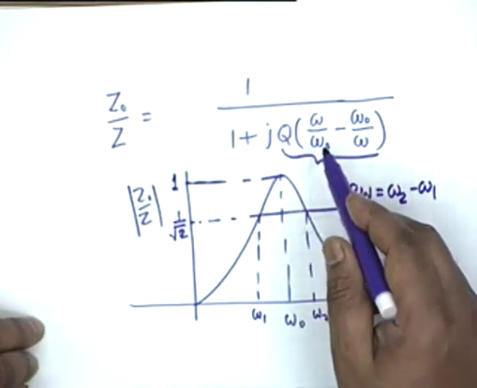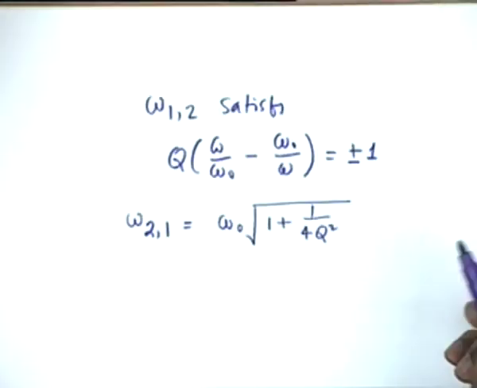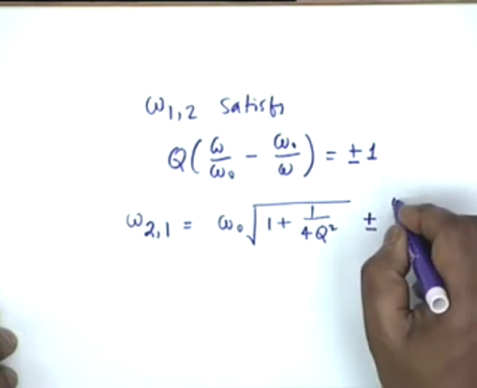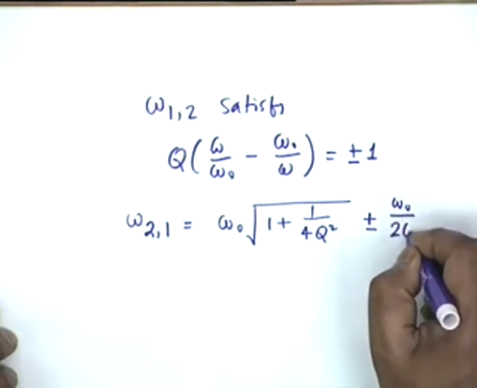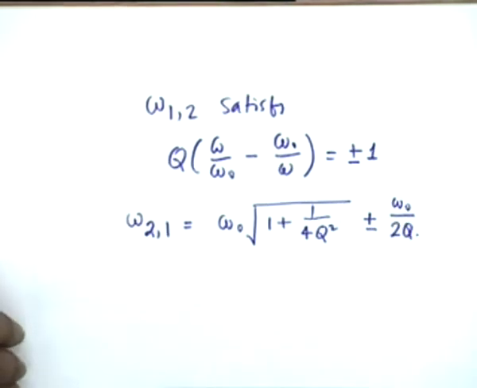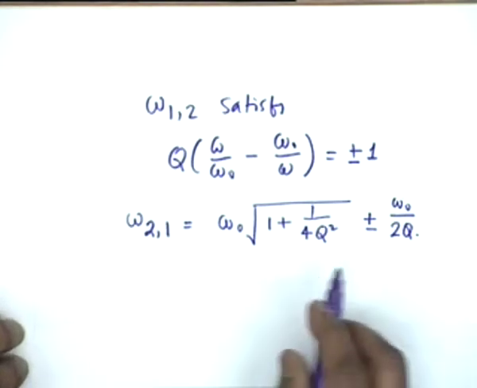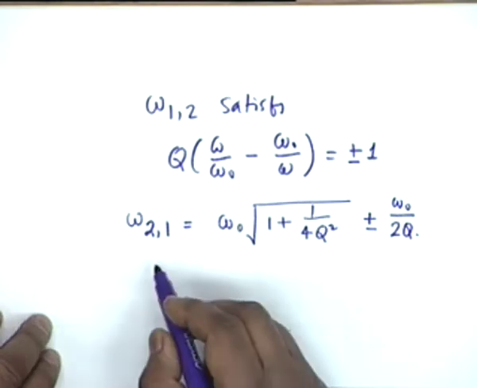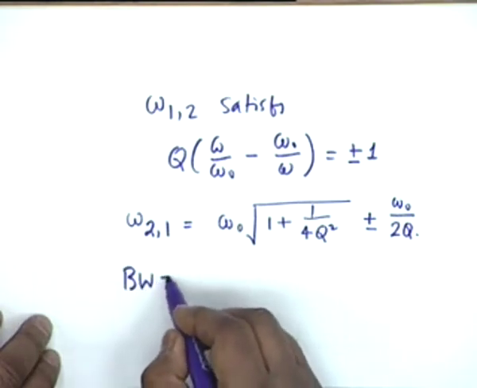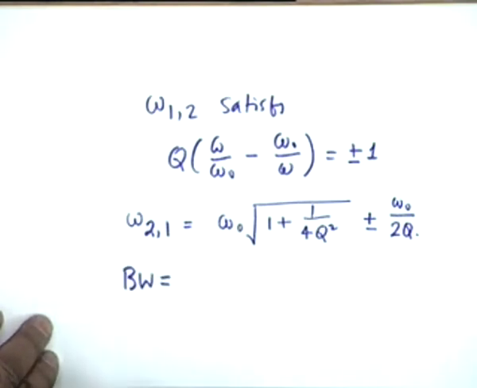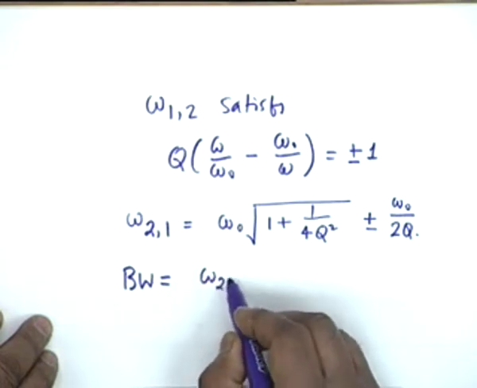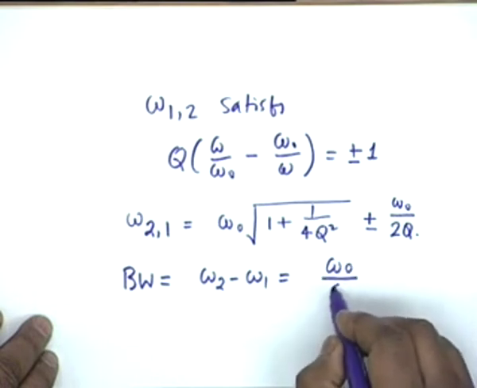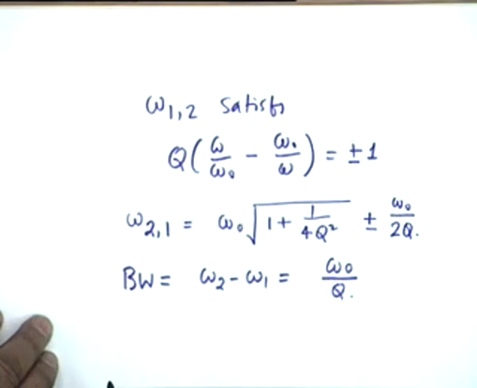So we find out in terms of Q, plus minus omega naught divided by 2Q. This is the expression, and if you notice, the bandwidth is equal to omega 2 minus omega 1, therefore it is simply omega naught by Q.